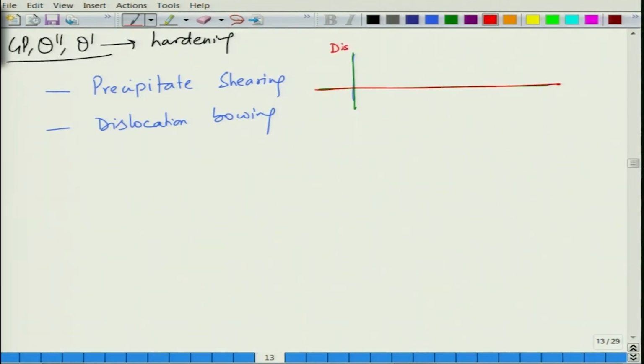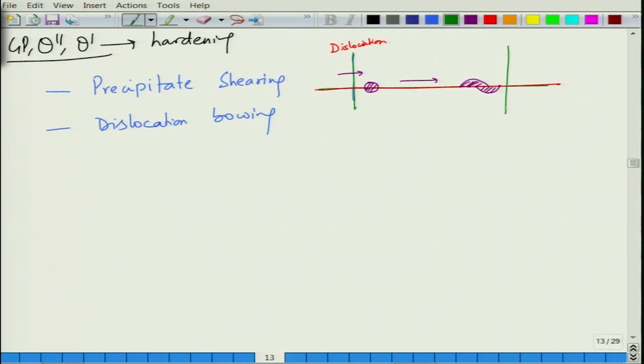So this is the dislocation, and you have a precipitate, let us say here, this is a precipitate, and you apply stress to it, it comes to a situation where the precipitate gets sheared in such a fashion as the dislocation passes through it.